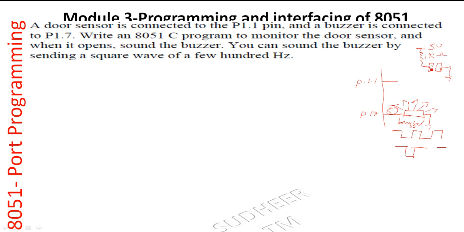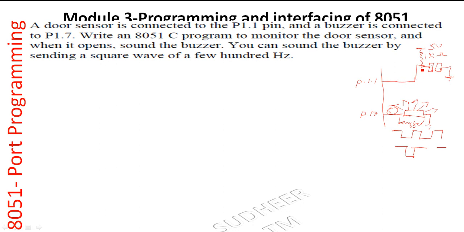So when the door closes, the two metallic parts come in contact and the ground comes here, so the 5 volt circuit completes, and you connect this to port 1.1. When you open the circuit, the ground is disconnected, so which voltage will be available to your port?